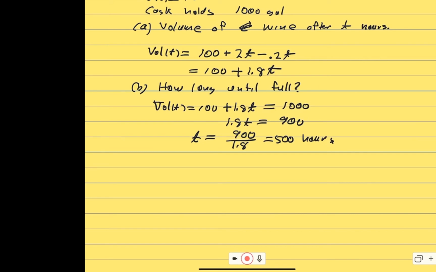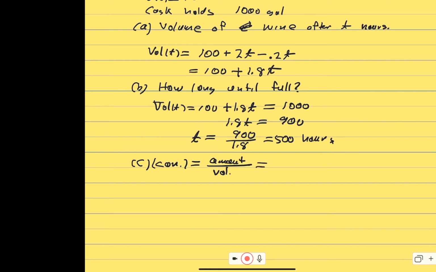Okay, part C then is what's the concentration of alcohol in the vat after T hours? So the concentration is amount over volume.